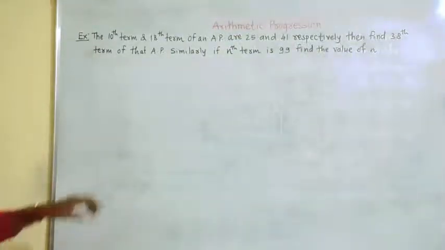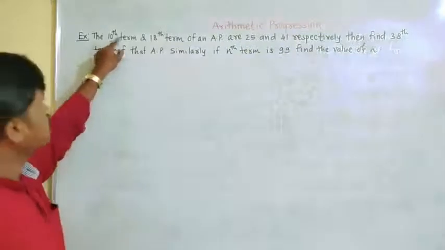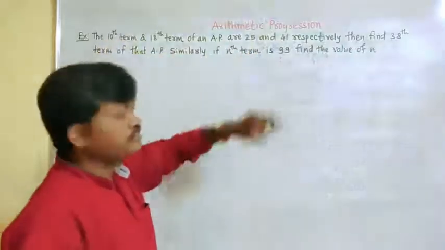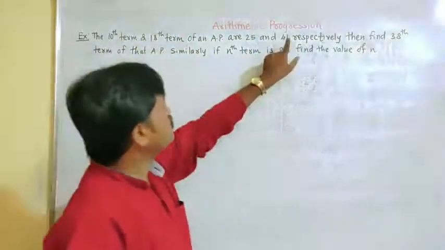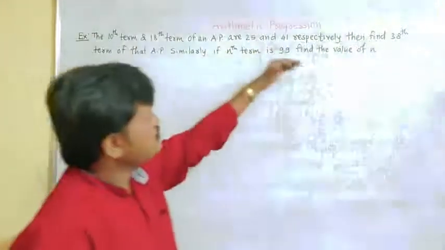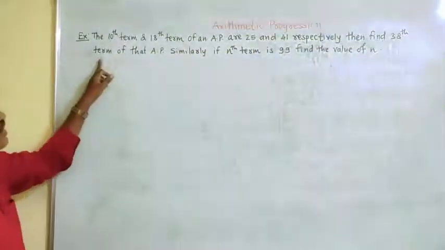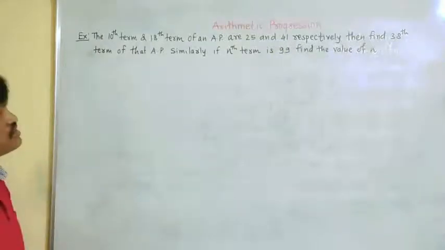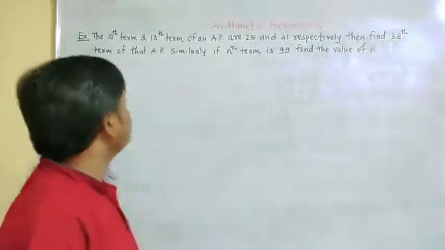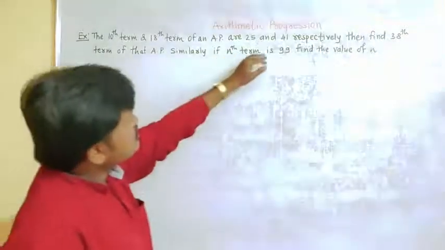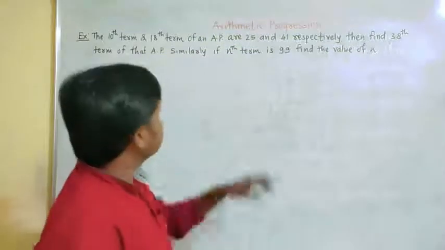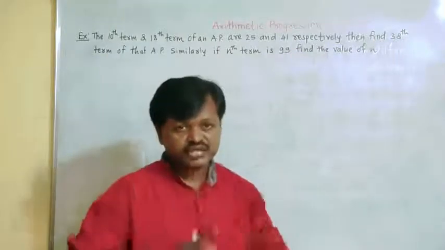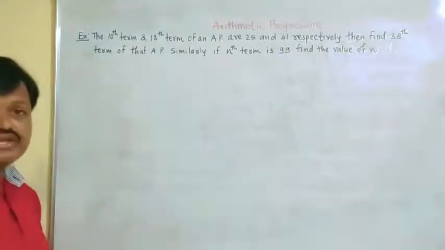So in this example they have given the 10th term and 18th term, म्हणजे 10th आणि 18th पद तुम्हाला दिले. 10th term is 25, 18th term is 41 respectively. Then find the 38th term. म्हणजे 10वं पद आणि 18वं पद दिले, त्याच्यावरून तुम्हाला 38th टर्म काढायचं आहे. Similarly, if nth term is 99, then find the value of n. So there are 2 examples in this 1 example. एकाच उदाहरणामध्ये तुम्हाला 2 उदाहरणं दिलेली आहेत.